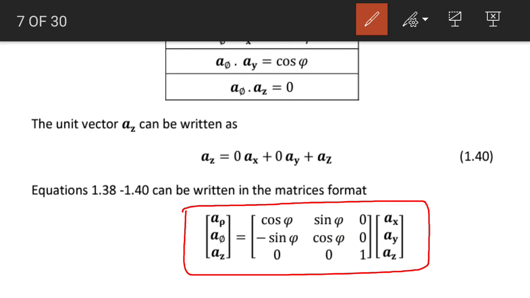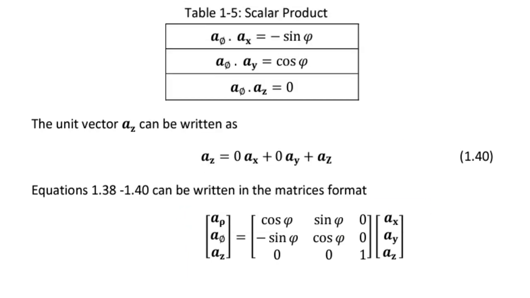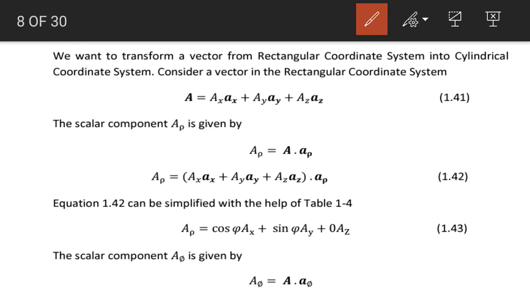Now let us talk about the transformation of a vector from rectangular coordinate system into cylindrical coordinate system. We consider a vector in rectangular coordinate system. This is a three-dimensional vector.